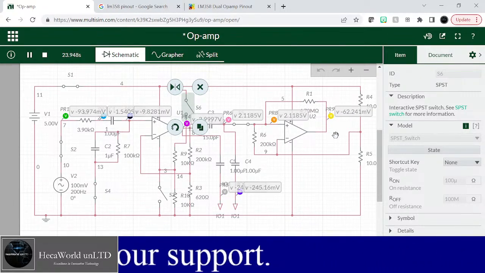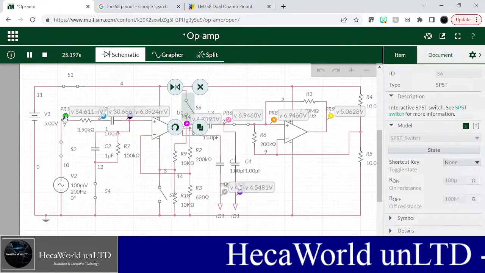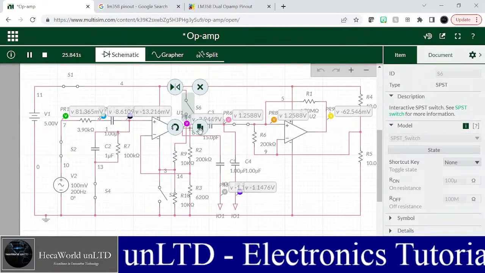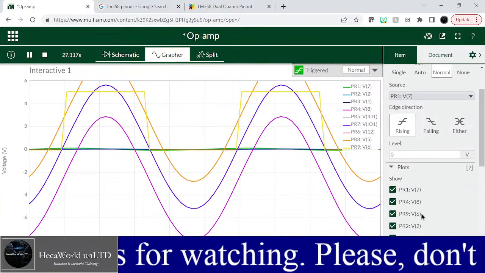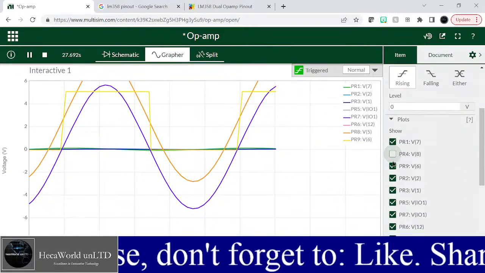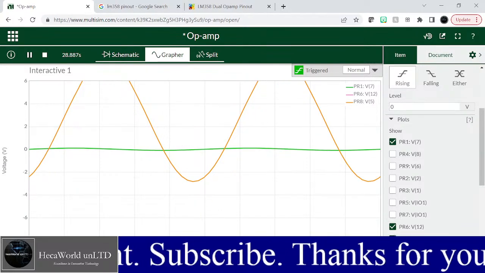There are 9 probes throughout the system. So probe number 1 and probe number 9 will show you the first and the last. So let's go to the graph and just remove all the probes except 1 and 9. We don't want to monitor other signals. We just monitor 1 and 9.